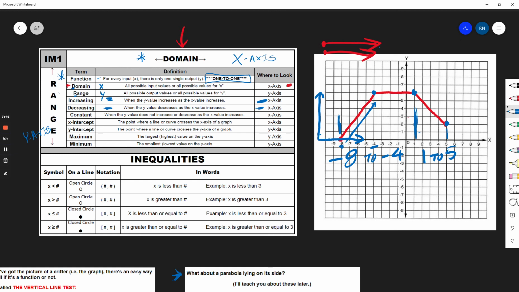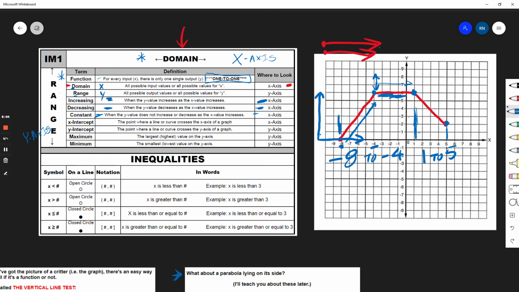Okay, what about constant? Constant is when the y value does not increase or decrease and the x values increase. So as x goes up, the y values don't go up or down. And that's in this section right here.